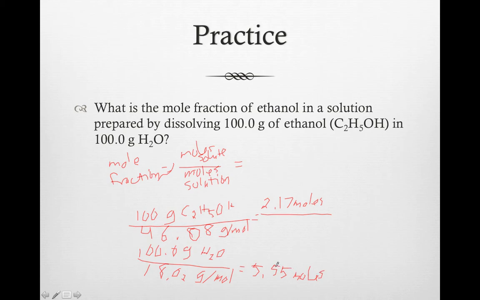Actually, it should be 5.549 to go by sig figs. So we'll make that a 4 and a 9. So this is my 2.17, which should also have 4, so there's a 0 after the 7.